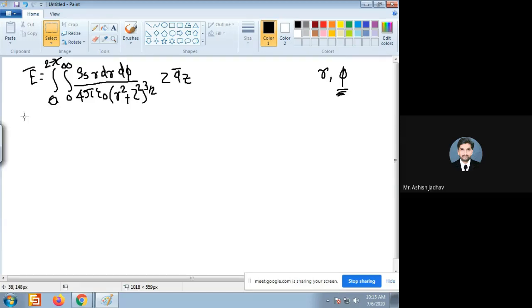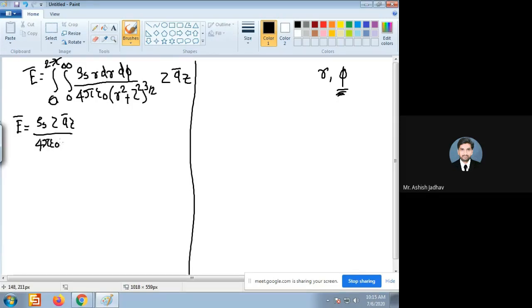So E bar. To solve this, what we can do is E bar is equal to, so the constant term, let me take it outside: rho s z a bar z upon 4 pi epsilon naught, right? So this is constant.